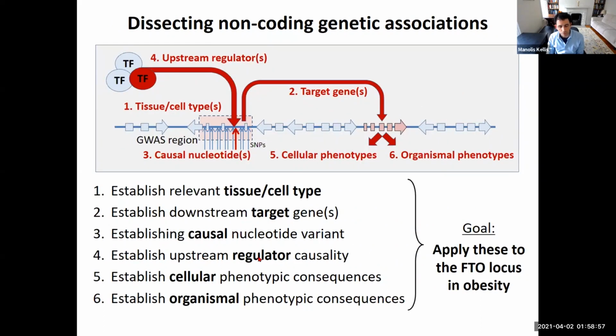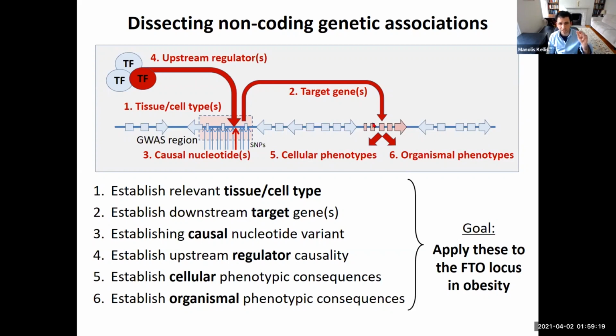How do we find what is the upstream regulator that controls that region whose binding is disrupted by loss of that variant? And number 5 and 6, how do we establish the cellular and the organismal phenotypic consequences of those target genes?